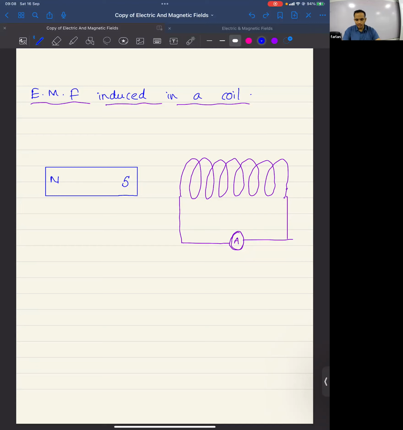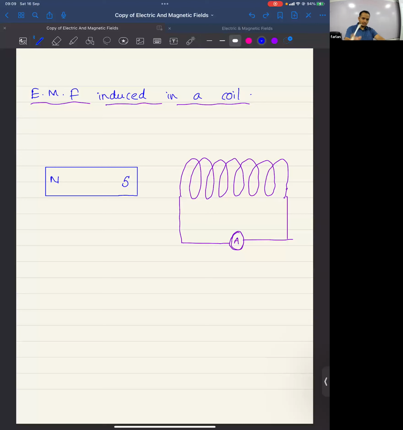Right? And the other thing is, if you move the magnet faster, the current here will be what? Greater. The reason? The EMF induced will be greater. So that is explained in what law? Faraday's law. You have done this at O levels. Faraday's law says the EMF induced is directly proportional to the rate at which the magnetic field lines are cut.